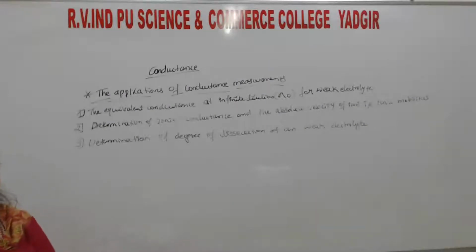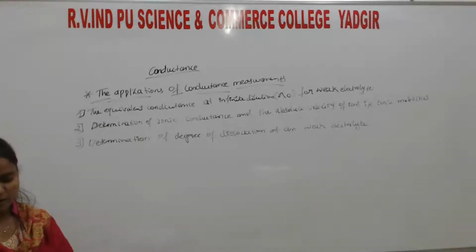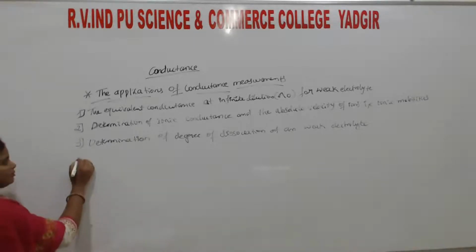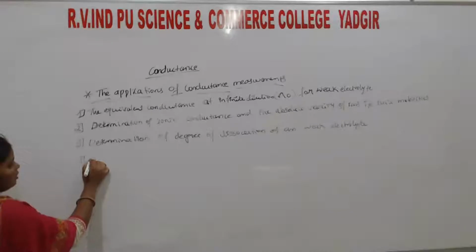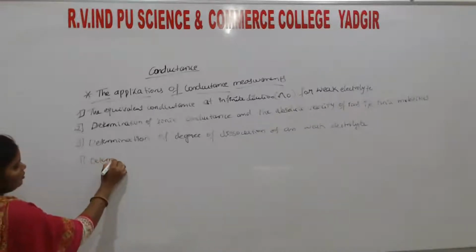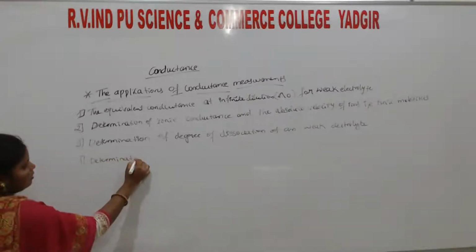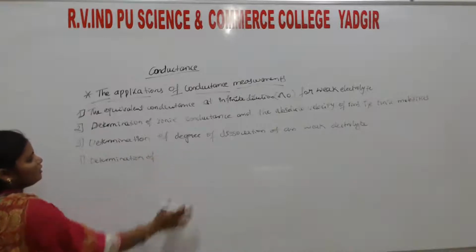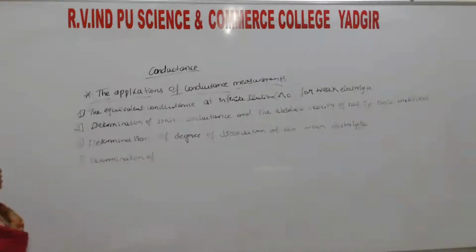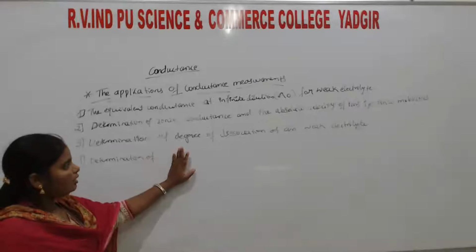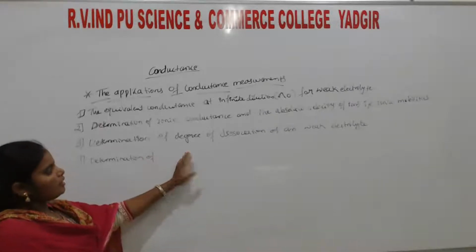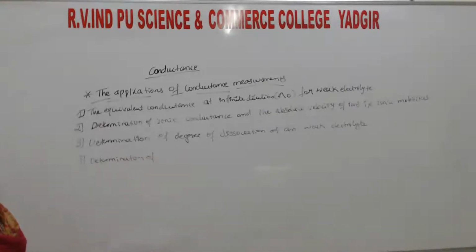And the fourth one is the determination of dissociation constant of weak acids. This is the degree of dissociation. Here you get some formula, and then you add this value in the dissociation constant.